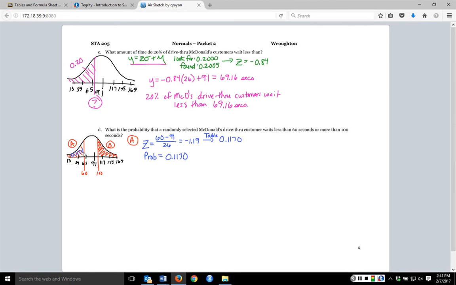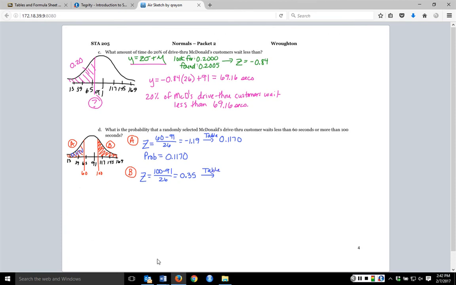Now let's do a similar idea for the other piece. Again, we're going to start by finding our Z. This time, our number for Y is just 100 instead. But mean and standard deviation have not changed. This time our Z is 0.35.